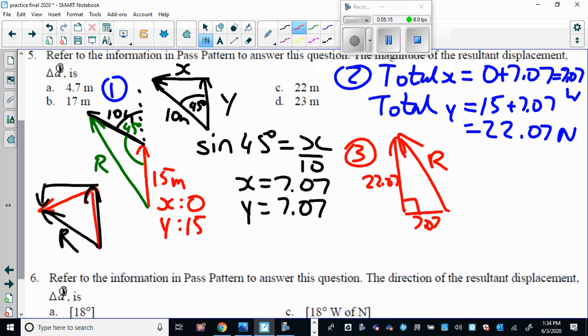Find the resultant angle. If you look ahead, you can see question 6 wants the resultant length and then the resultant angle. So we can answer questions 5 and 6 right here. We can use the Pythagorean theorem to find the displacement, and then we can use inverse tangent to find the direction.